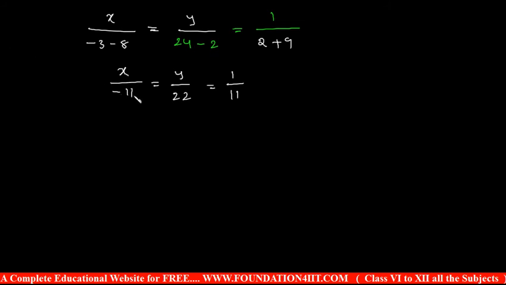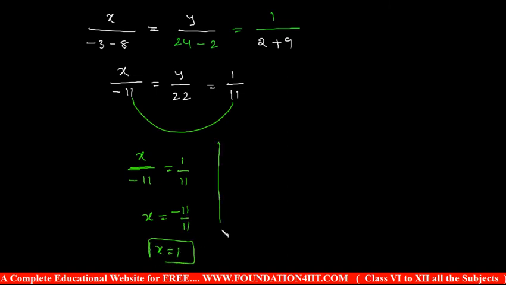Take the first and last as one set. x by minus 11 is equal to 1 by 11. So x is equal to minus 11 by 11, then x is equal to minus 1. Here we got the same. Second and third you can take. y by 22 is equal to 1 by 11. Then y is equal to 22 by 11, taking the right side. Then y is equal to 2.